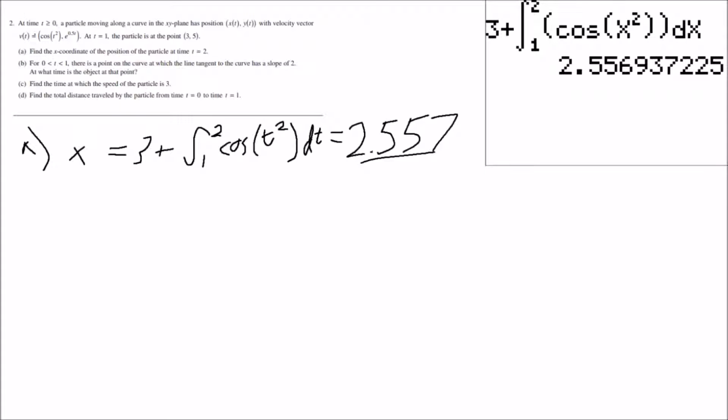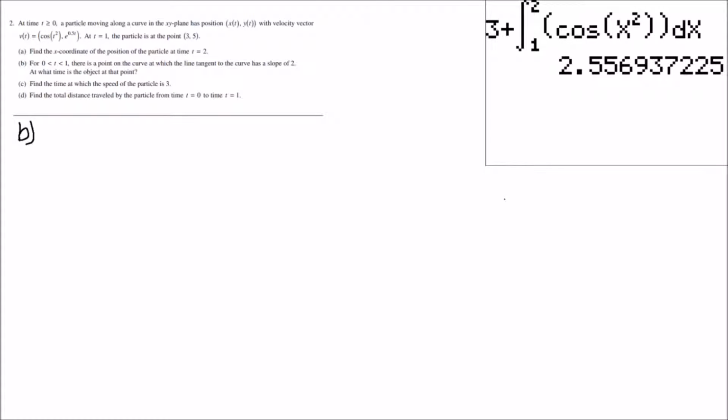Right. Cool. Part B says the following. Part B says, for 0 less than time less than 1, there is a point on the curve at which the line tangent to the curve has a slope of 2. At what time is the object at that point? Well, line tangent means that your dy dx has a slope, so that's equal to 2.